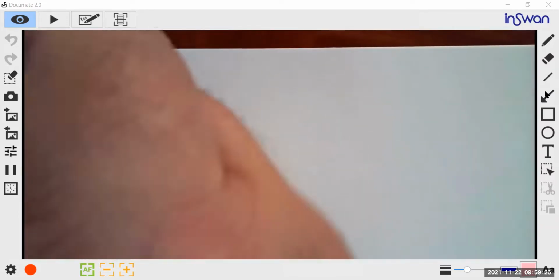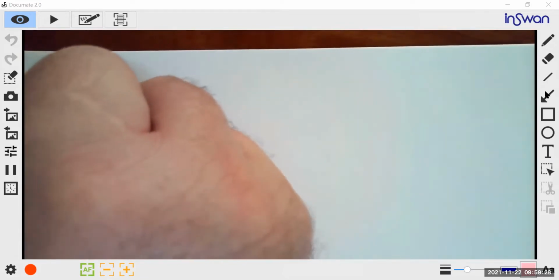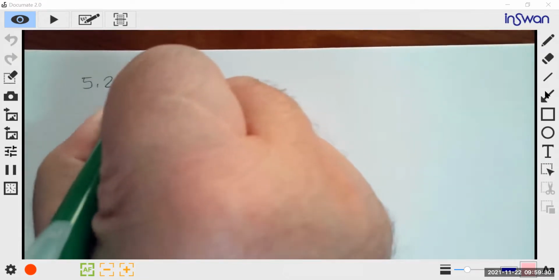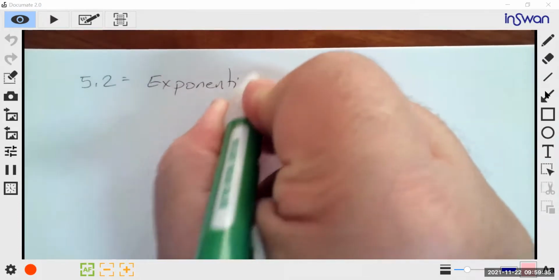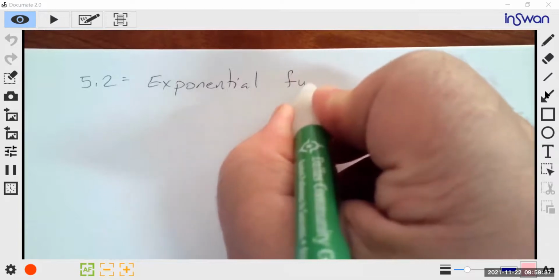All right, section 2. Exponential functions.